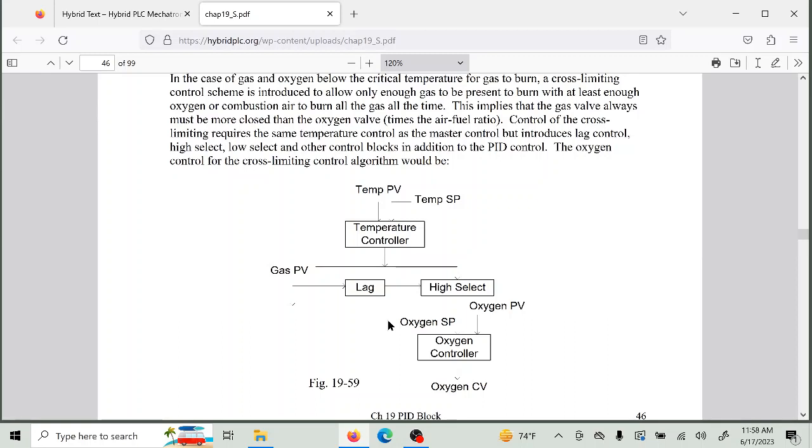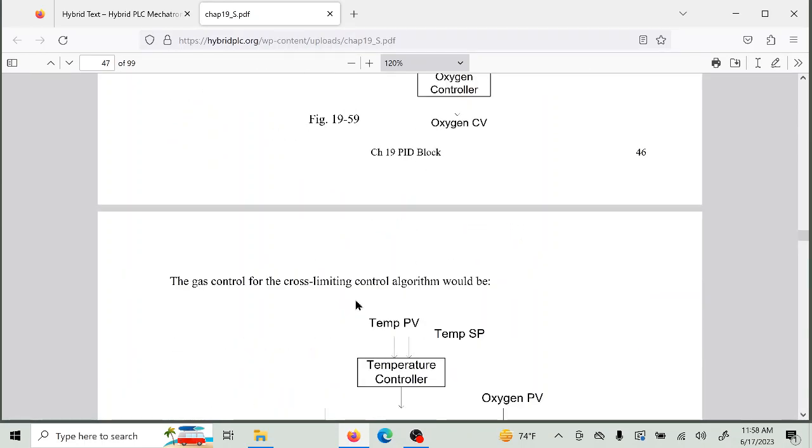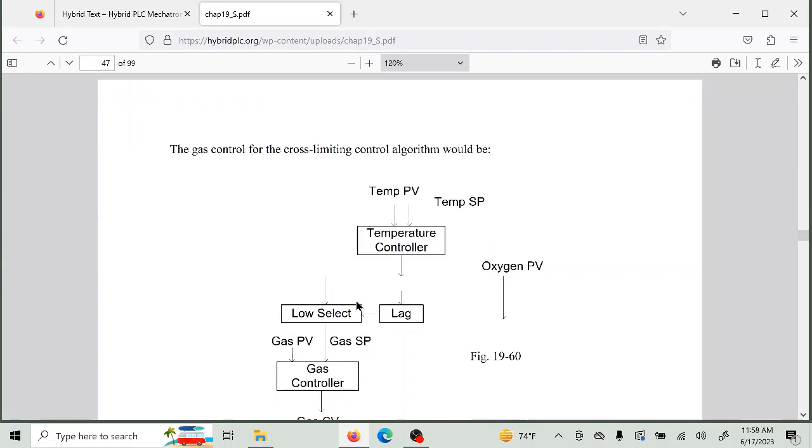And guess what happens when that happens? It blows up. So you have an explosion inside the furnace, and it tears things up, and you have to fix things, and you have a fire. So that's not good. So this lag block lags the signal and allows you to pick as you're moving up or down in temperature, so that you're always guaranteeing a little bit higher than 9.1.